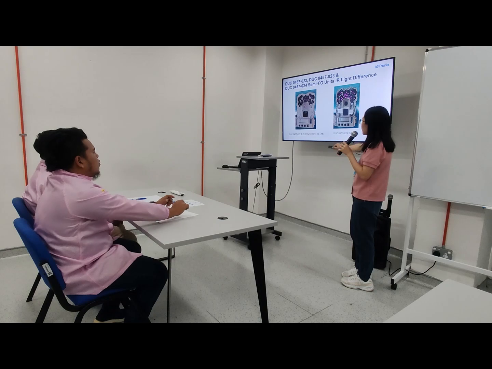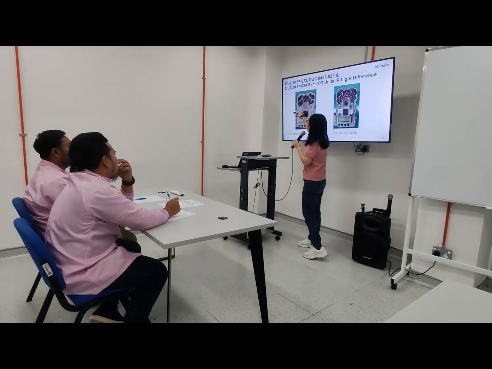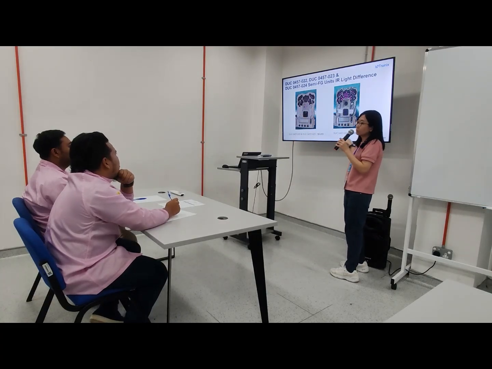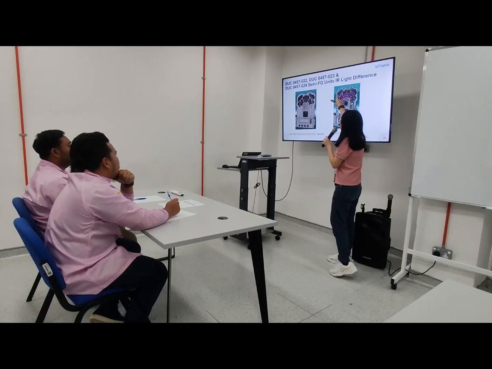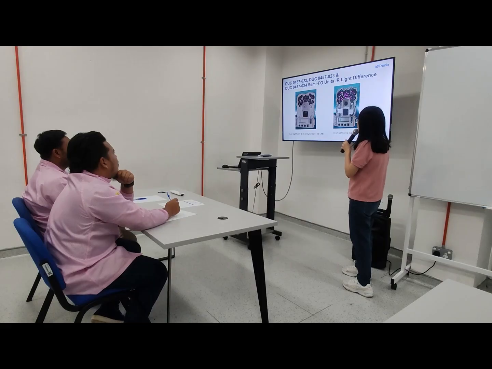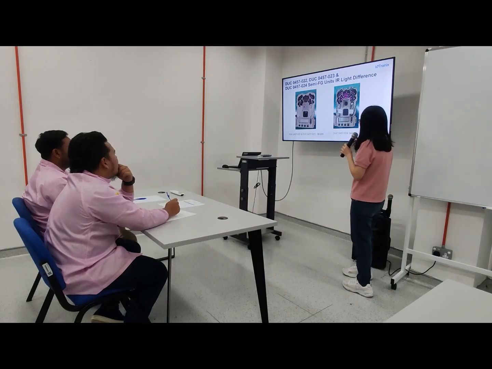LED light for 022 and 023, the total LED light, 18. Well, for 024, 24 LED light. Total here, we got 24. So these are the differences between them. And just now I mentioned all the light, the brightness are the same. Okay.